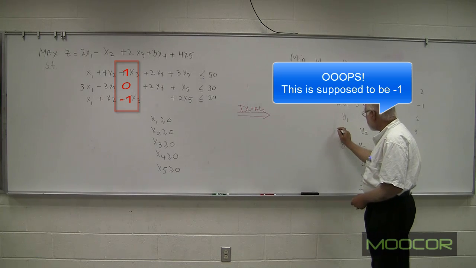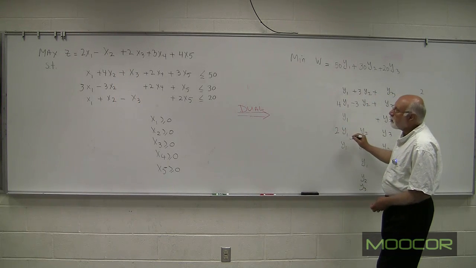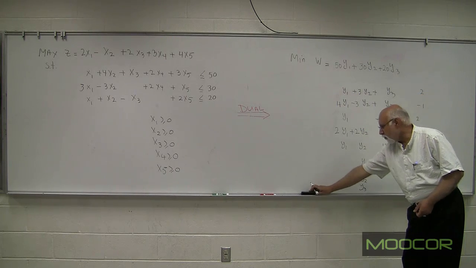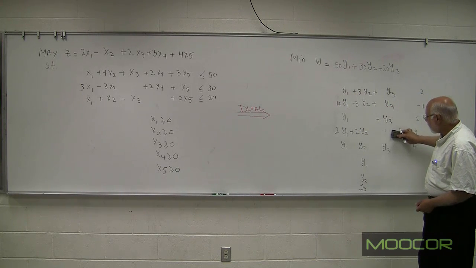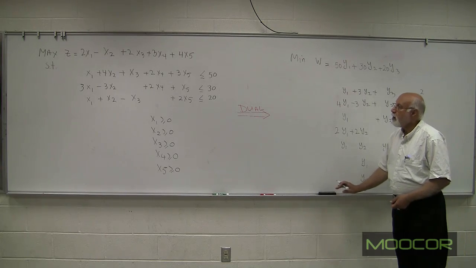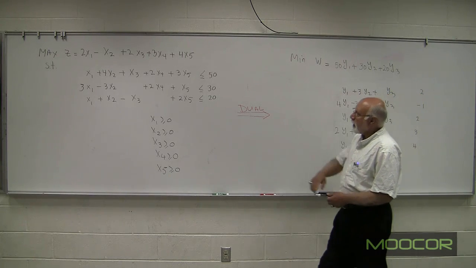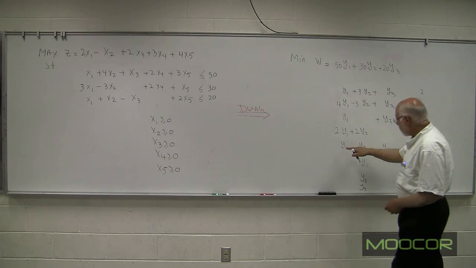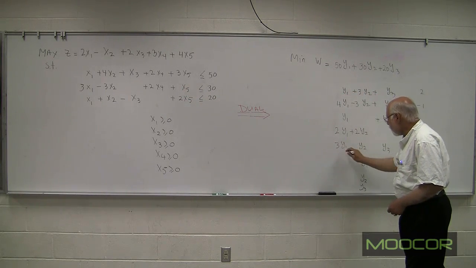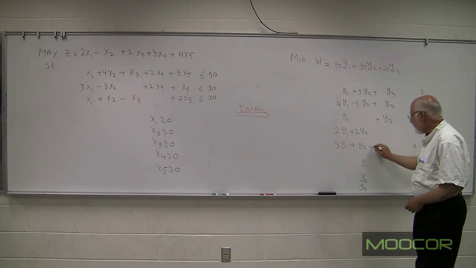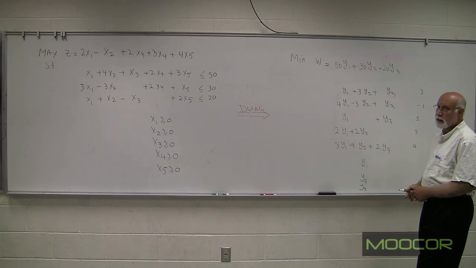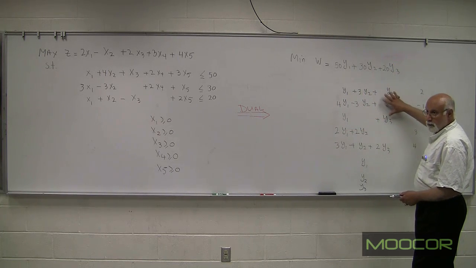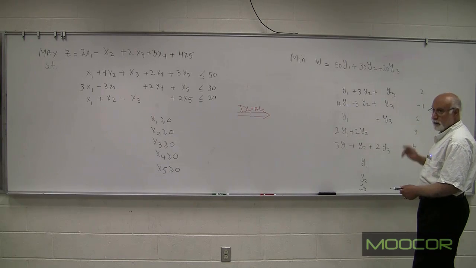So it will be 2, 2, and 0, which will erase this variable from here. Last one is 3 plus 1 and plus 2. So it will be 3 plus 1 plus 2. We have now created the main constraints of the dual.